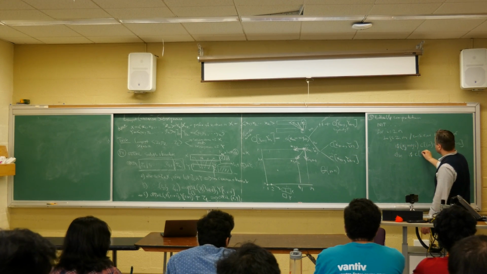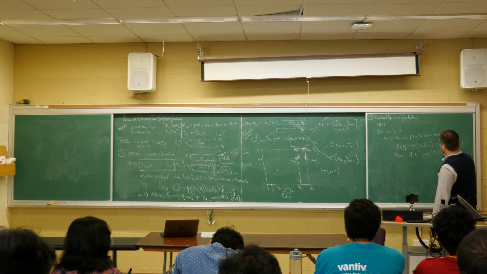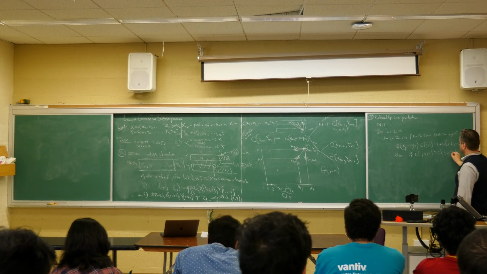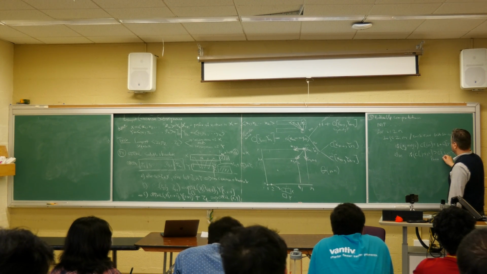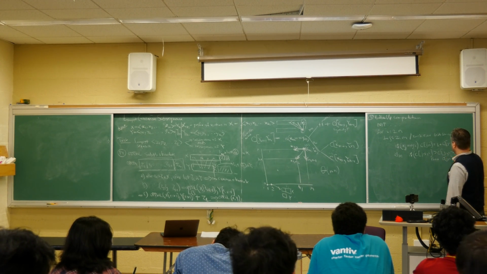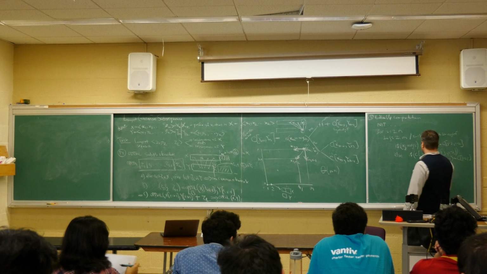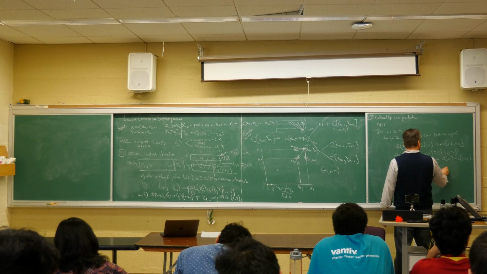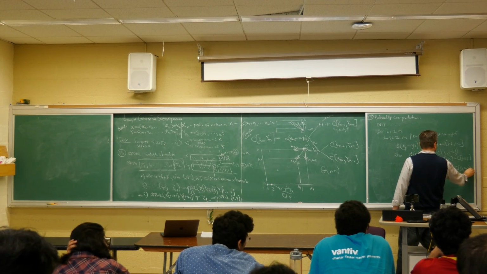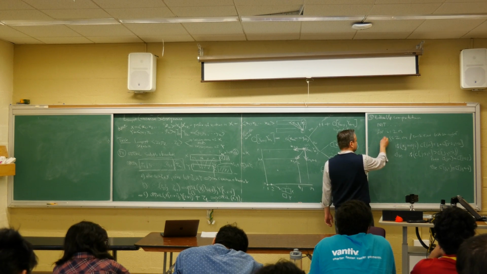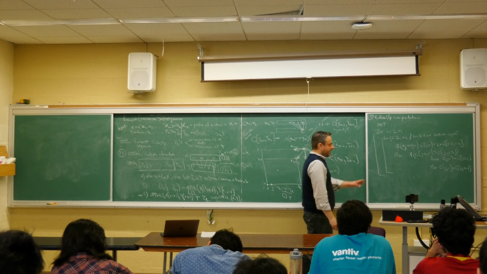If C of j minus 1, i is bigger than C of j, i minus 1, then C of j, i is the bigger one, C of j minus 1, i. Else, C of j, i is C of j, i minus 1. And then I have to return something.